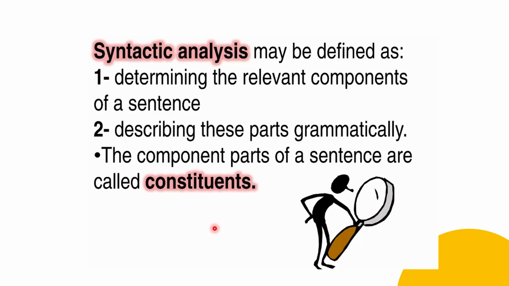So, first, the complete sentence is broken down into different words, and these words are the component parts of a sentence and are called constituents. And these constituents have to be defined properly, and the arrangements of these constituents should be structurally, grammatically correct.